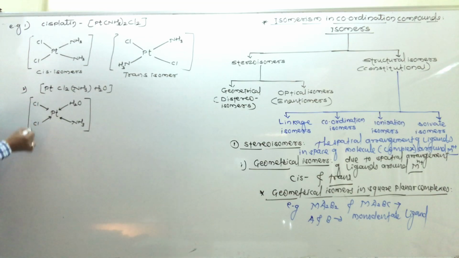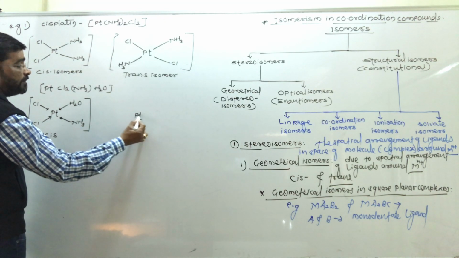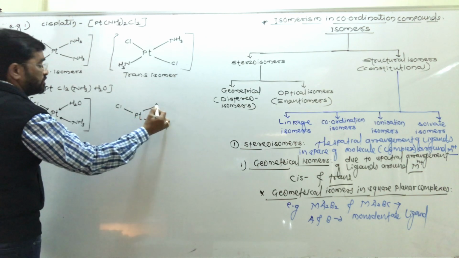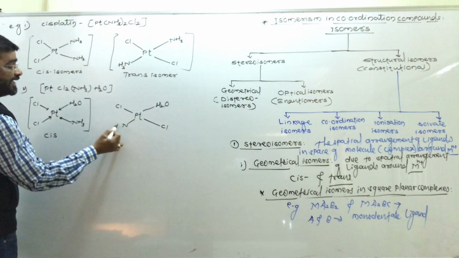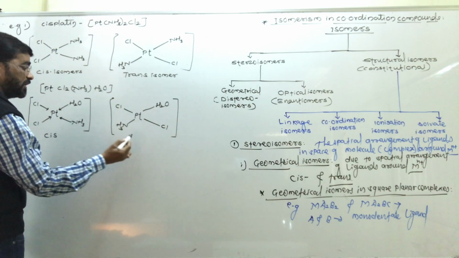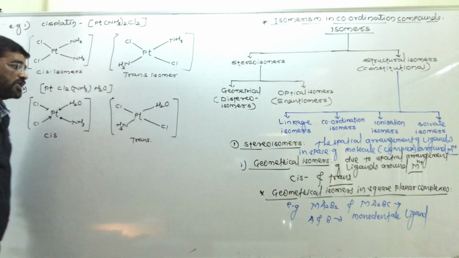So two chlorine atoms present on the same side, so it is cis isomer. And here platinum, here chlorine, here H2O, and this is the NH3. Here this is nothing but the trans isomer. It is the trans isomer.